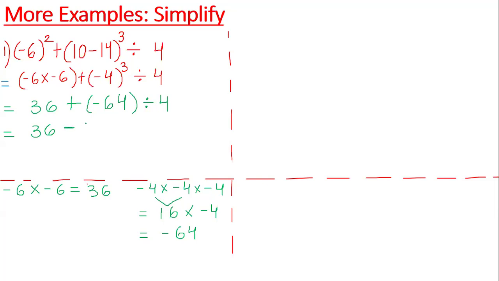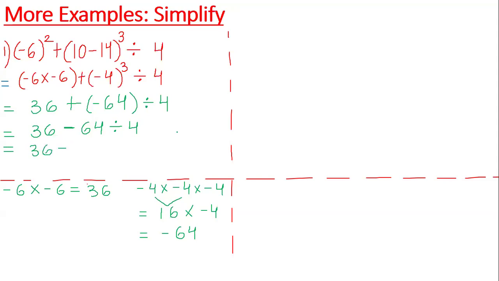Negative. So it's going to be negative 64 divided by 4. What are we going to do now? Subtract or divide? Divide. 64 divided by 4 is what?